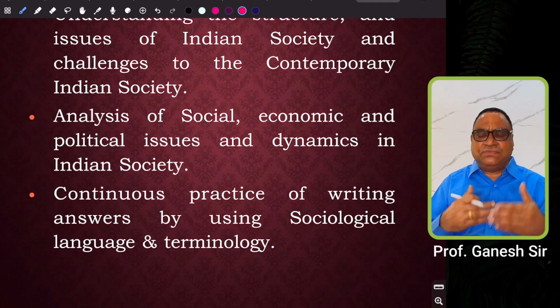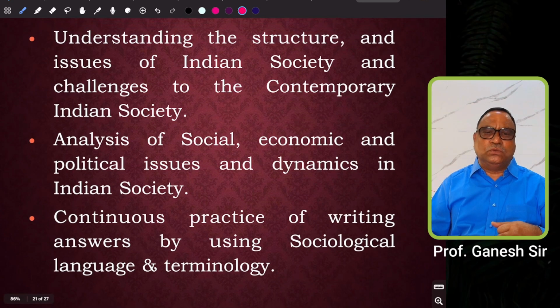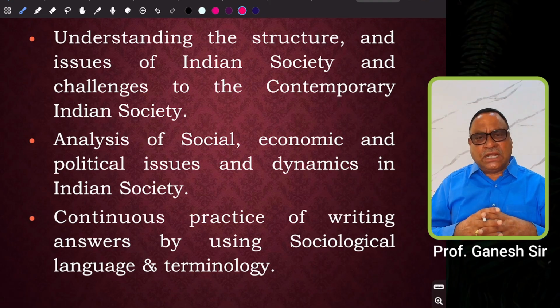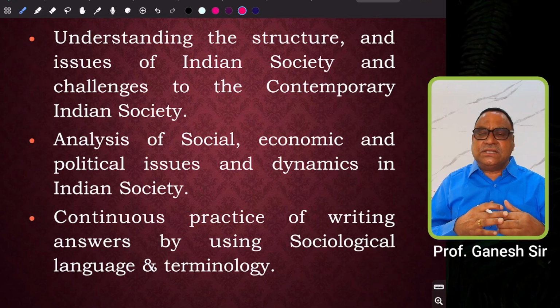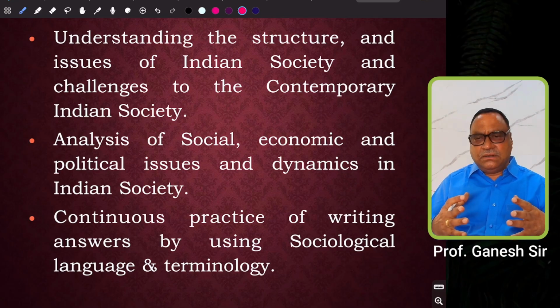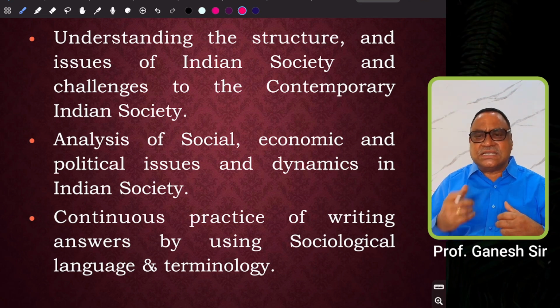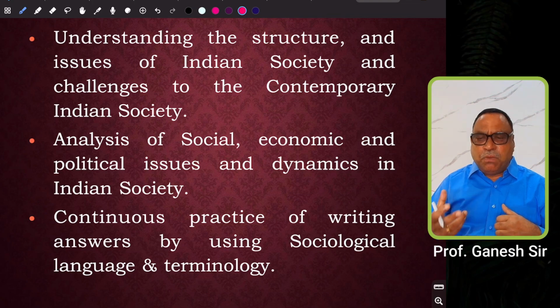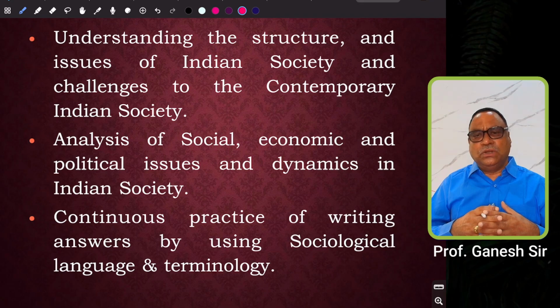So this kind of logical argument is very much required with regard to the issues of Indian society, and more specifically when we talk about the challenges to the contemporary Indian society, there are certain issues like communalism, secularism, regionalism, casteism, poverty, unemployment. All these are considered as the major challenges to Indian society.